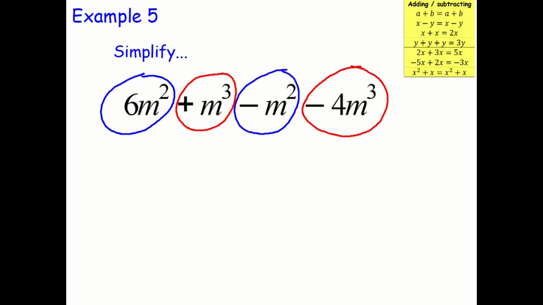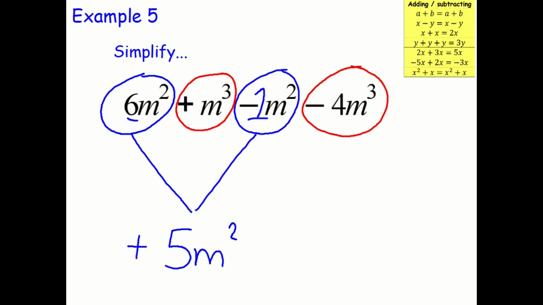So collect them together. I've got 6m squared minus, remember that's just basically a 1. So 6 minus 1 is 5, which I can just write like that, 5m squared. Or you can put the positive in front of it, that's also fine.